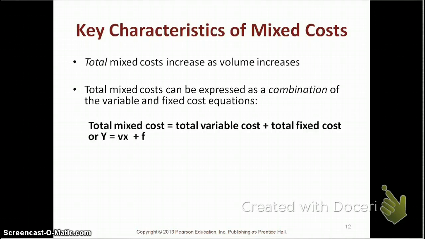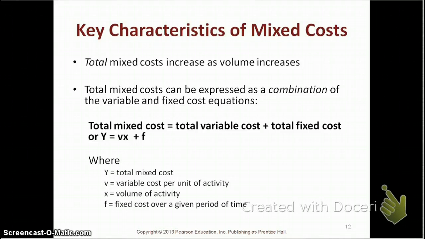Your total mixed cost equation is y = Vx + f, where y is your total mixed cost, V is your variable cost per unit of activity, x is the volume of activity, and f is your fixed cost over a given period of time. We will use this cost equation to predict total cost at different volumes later on.